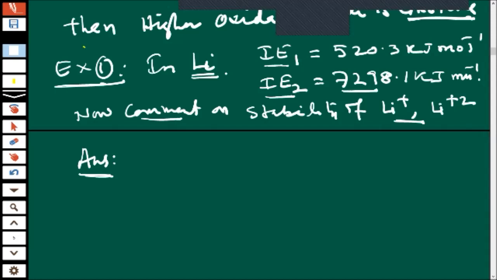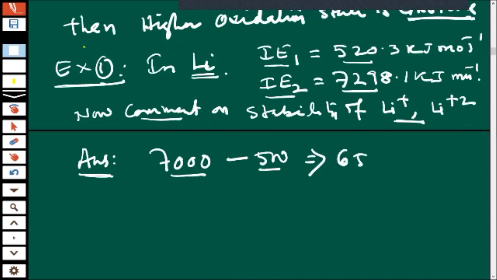The difference is 6,777.8. In exam, I will simply consider 7,000 and minus 500, because it is normally seen. So it will become some 6,500.